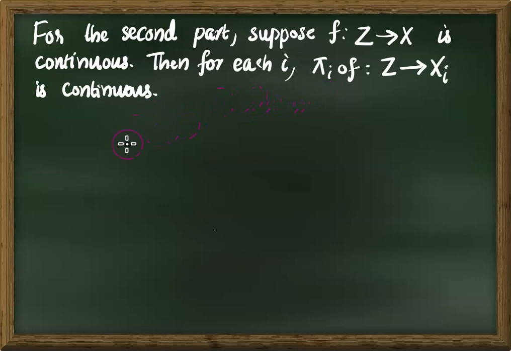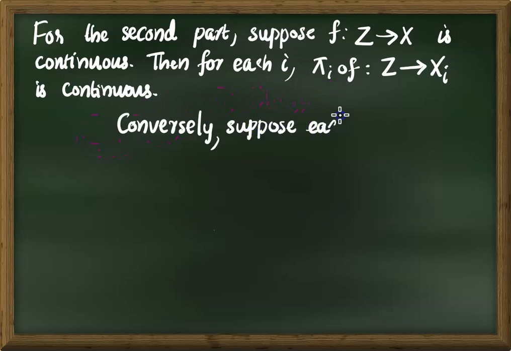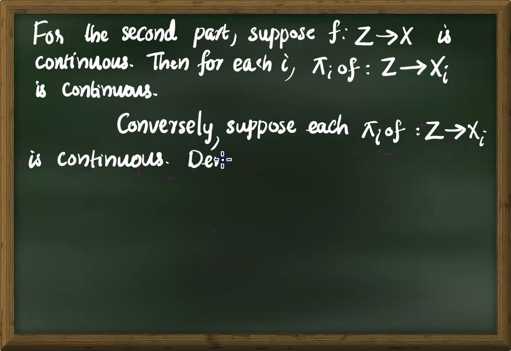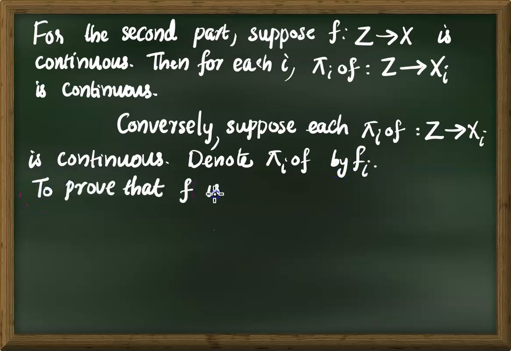For the converse part, suppose each pi_i composition f, which is defined from Z to X_i, is continuous. For convenience, let us denote this pi_i composition f by f_i. Now, we need to prove that f is continuous.